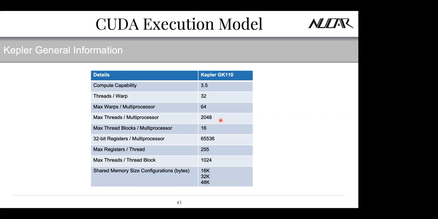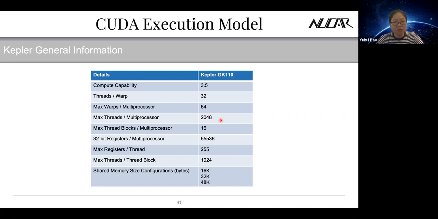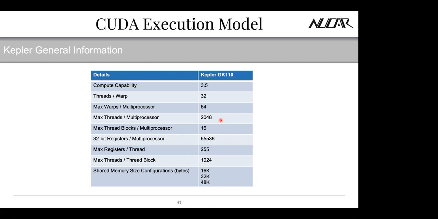Is that correct? Yes. Okay. Thank you. Yeah, I agree with you. But there's also another limitation of how many blocks you can launch for each SM. Just to clarify one point, Yuhi, sorry.